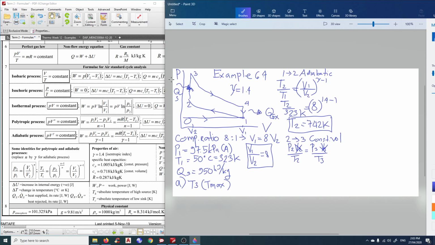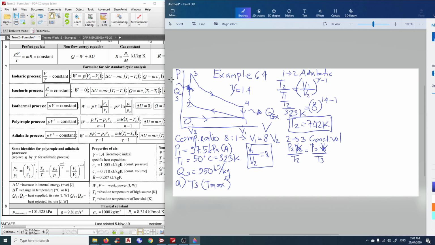Now the problem using this formula is, yes, we do know T2, but we do not know P2, or P3 either. We might need to use a different formula.